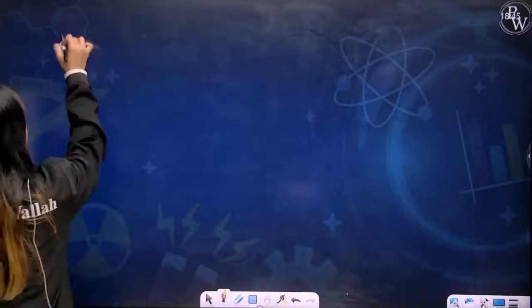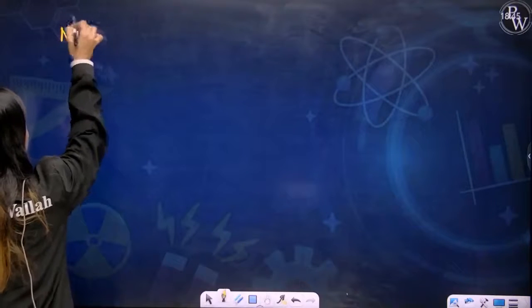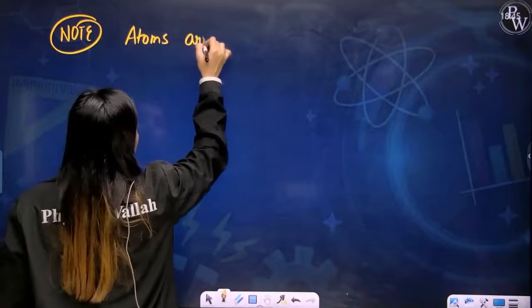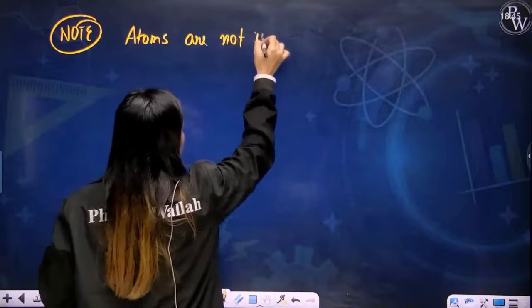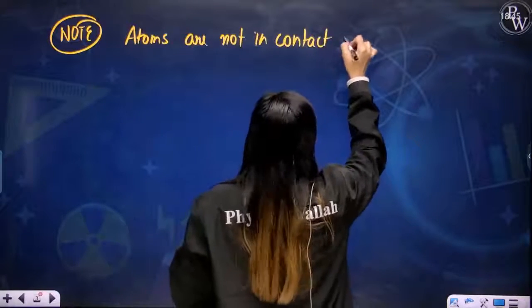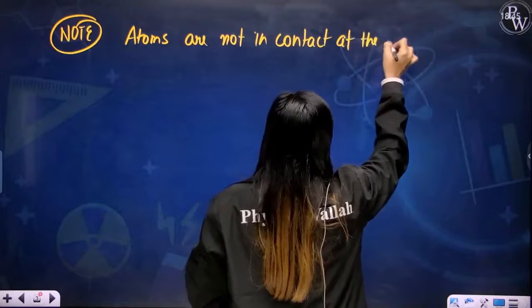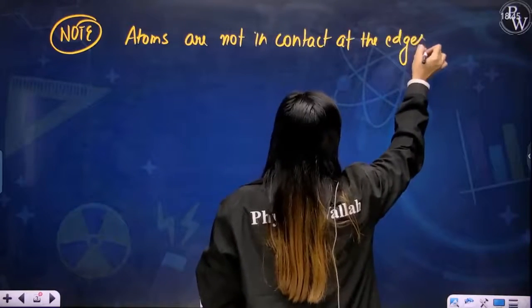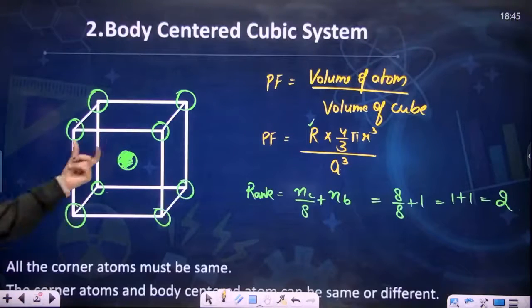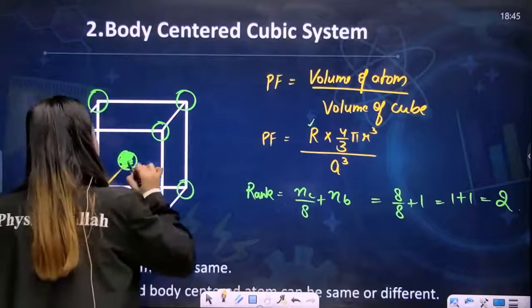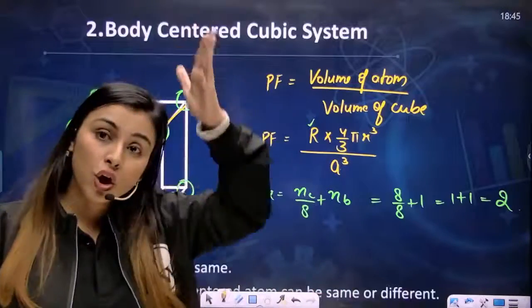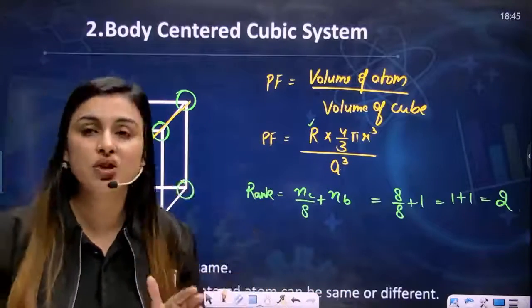So you can write this as a note that atoms are not in contact at the edges. Rather, my dear students, in a body centered unit cell, your atoms are in touch with each other at the center of the body. That is, along the body diagonal, the atoms touch each other.